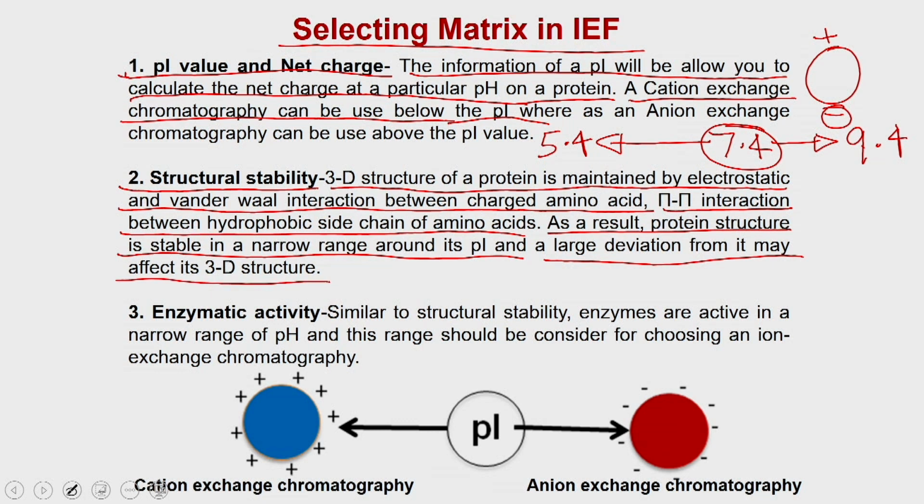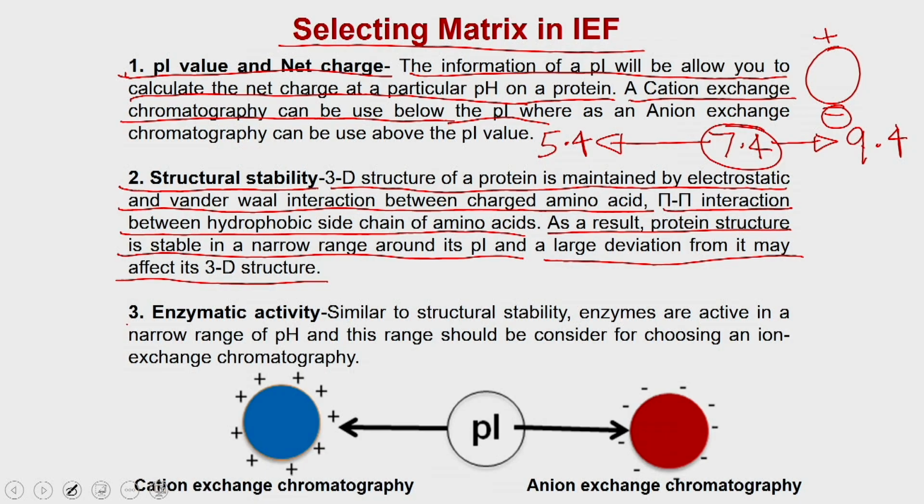You know that the integrity of the 3-dimensional structure of a protein is very important for its enzymatic or functional activity. So, you have to ensure that whatever changes you make in terms of pH or buffer to run cation or anion exchange chromatography, you should not destroy the 3-dimensional structure.